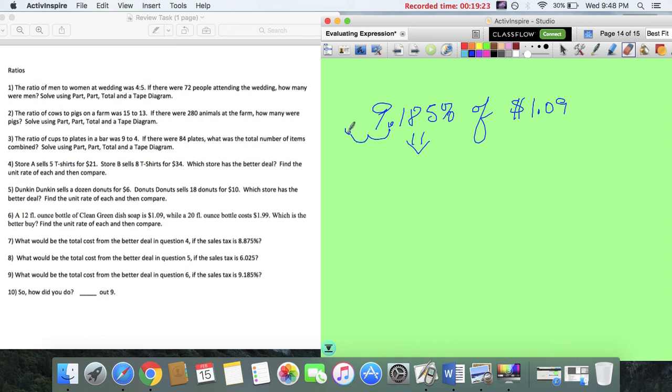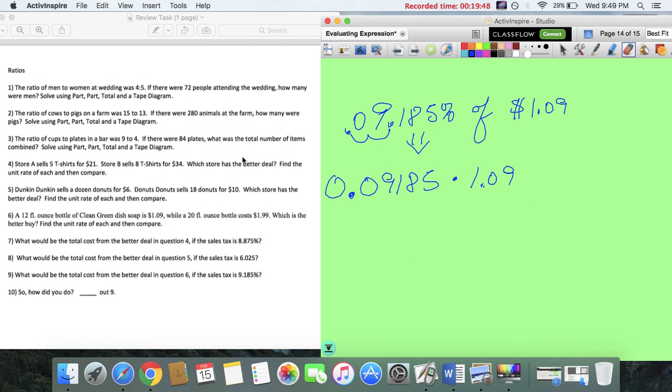1, 2, becomes 0.09185, multiplied by how much? $1.09. So it's not going to be too much tax, but you still have to pay. 0.09185 times 1.09.